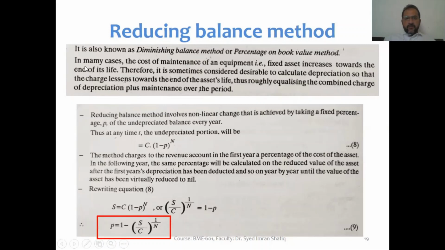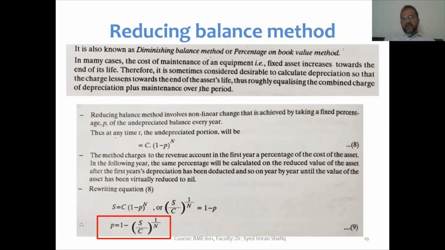And the basic philosophy in this method is that, in many cases, the cost of maintenance of an equipment, that is the fixed asset, increases towards the end of its life. Therefore, it is sometimes considered desirable to calculate depreciation so that the charge lessens towards the end of the asset's life, thus roughly equalizing the combined charge of depreciation plus maintenance over the period.